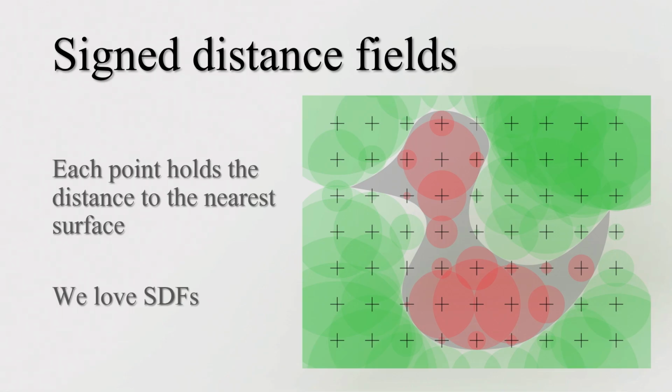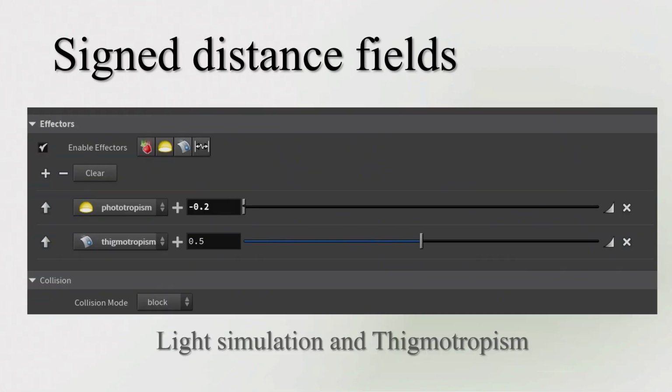And where VDB comes in, this basically means that we only have the active points that we care about. So there's a lot of emptiness in the scene and we don't send over the entire volume of the entire scene because that would be very, very large. Some of the stuff that we really like to use this for is phototropism and thigmotropism, as Natsura has a foliage modeling toolset. I will go into this a little bit later.